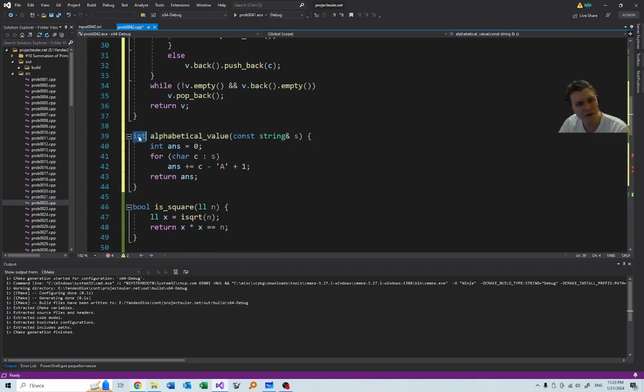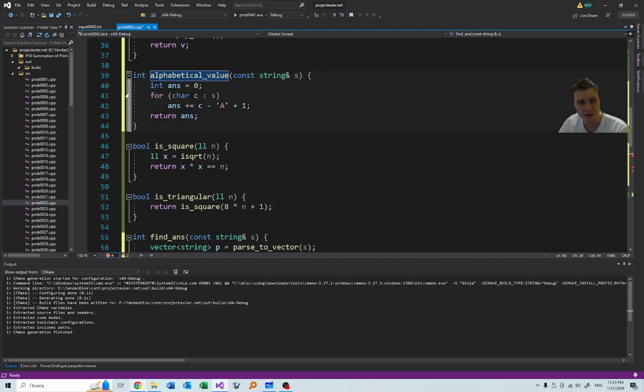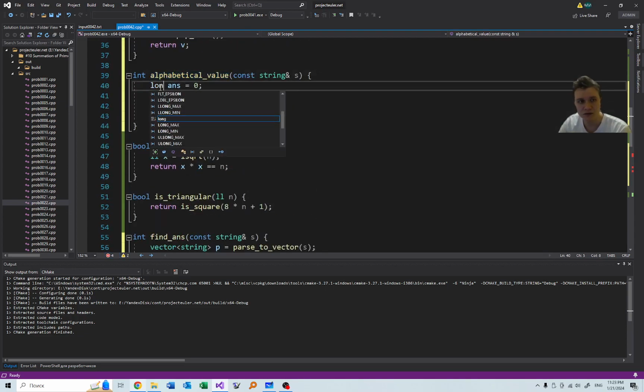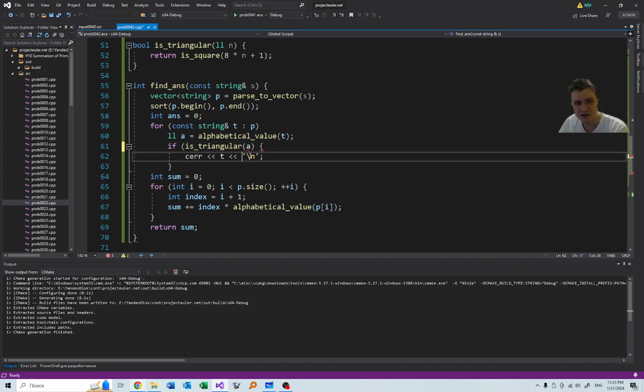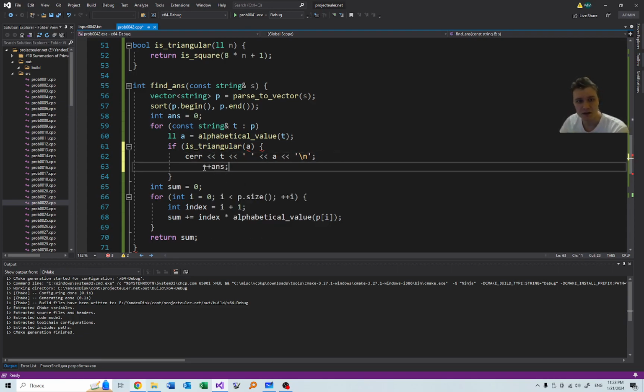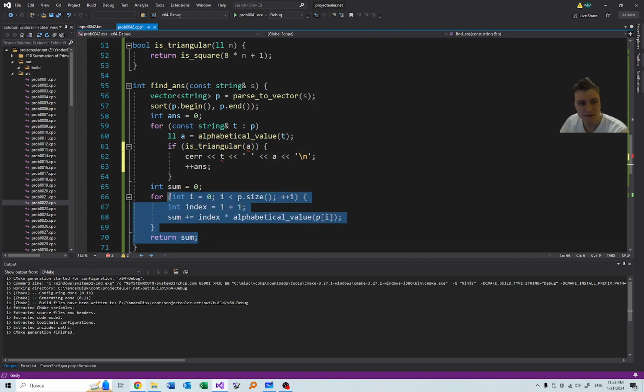It's funny that I also always return int, although it can be long maybe. Let's make it long. So if number a is a triangular number, we print t and actually a, and we increment answer. After that, I'd like to return the answer.